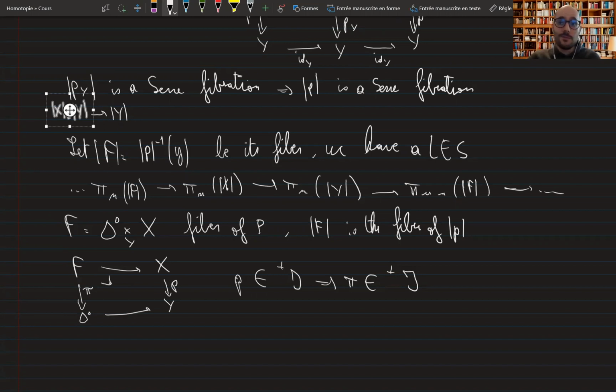It's something that is true. But you are right, it's not trivial because in principle, geometric realization commutes with colimits because it's a left adjoint, not limits. But in this case, it's actually true. I can look up a reference for you, but it's not something that I'm going to prove.